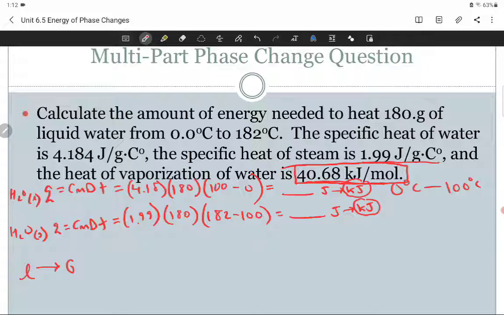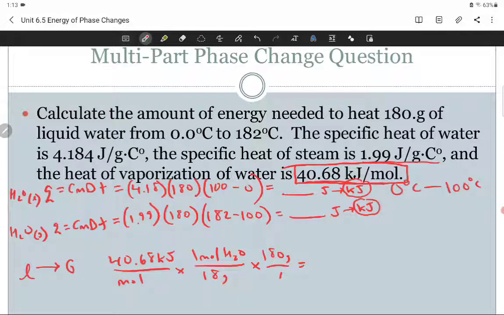And I didn't put the numbers in here because I'm going to show you the numbers in a second on the next slide. So we have 40.68 kilojoules per mole. I only want the kilojoules in there. I don't want the moles. So I know in 1 mole of water, there is 18 grams of water, and I was provided 180 grams.